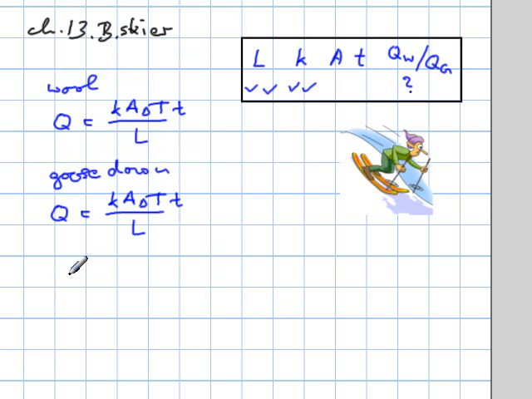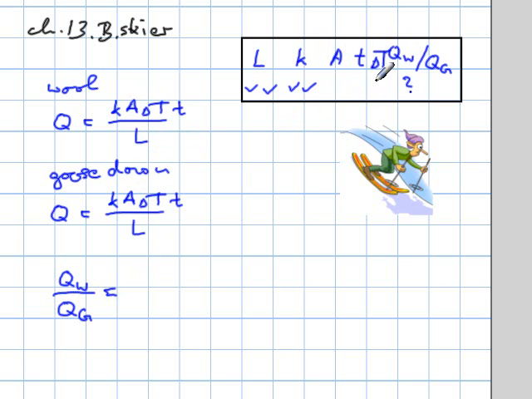And then I'm going to write that Q of the wool divided by Q of the goose down is all of this here divided by all of that. Notice that with the same area, that divides out with the same temperature difference. That's what they say, and I forgot to write this down here. So delta T.